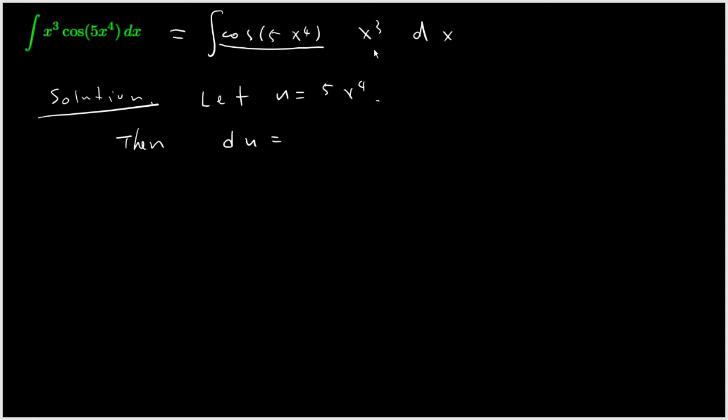The derivative of 5x to the power 4 is 20 times x to the power 3, so times dx. Do not forget dx when you compute the differential. The differential of u is always the derivative of u in terms of x, it's 20x cubed, and then times dx.